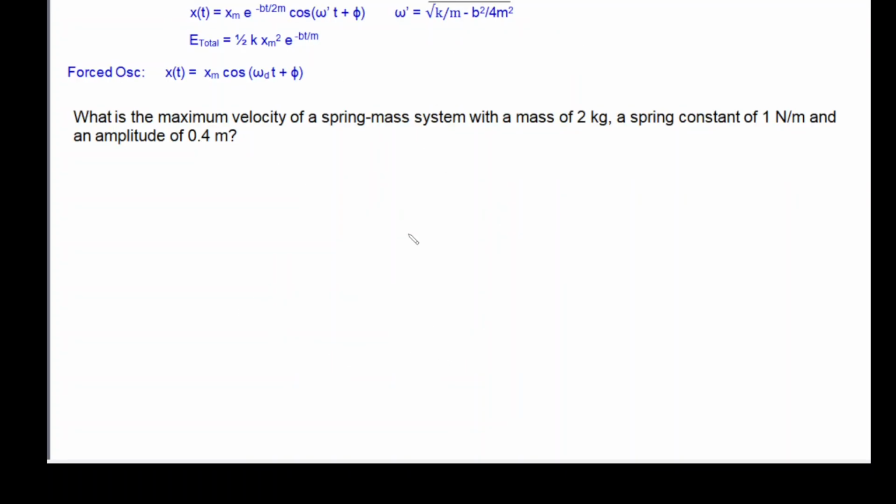Our next problem reads, what is the maximum velocity of a spring mass system with a mass of 2 kilograms, a spring constant of 1 Newton per meter, and an amplitude of 0.4 meters? So we can use conservation of energy to find Vmax.